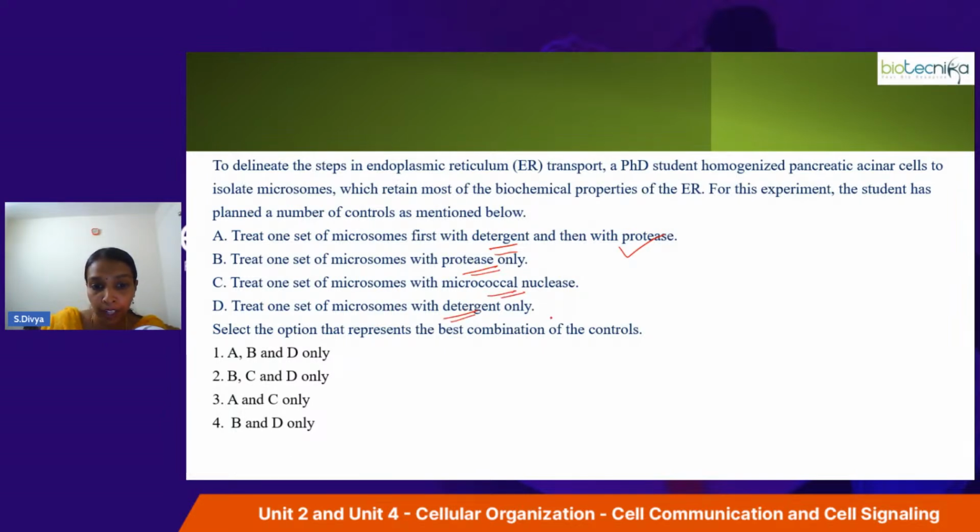You have to identify the best combination that she can use as a control. Microsomes are the vesicles that come out when your endoplasmic reticulum is disrupted.